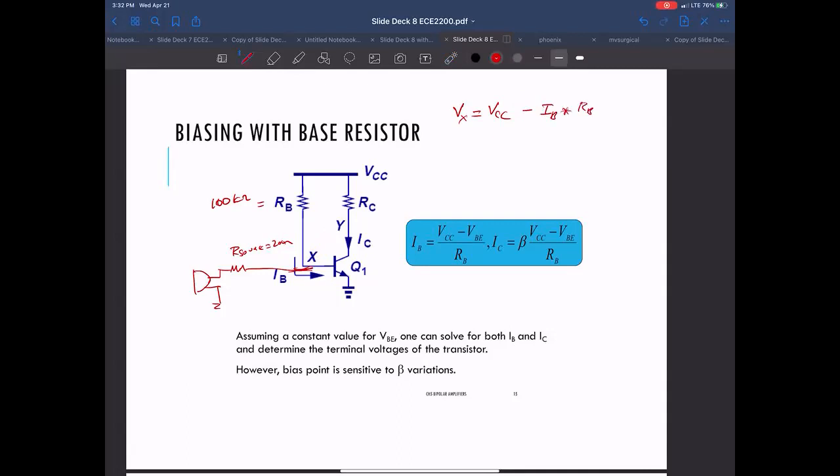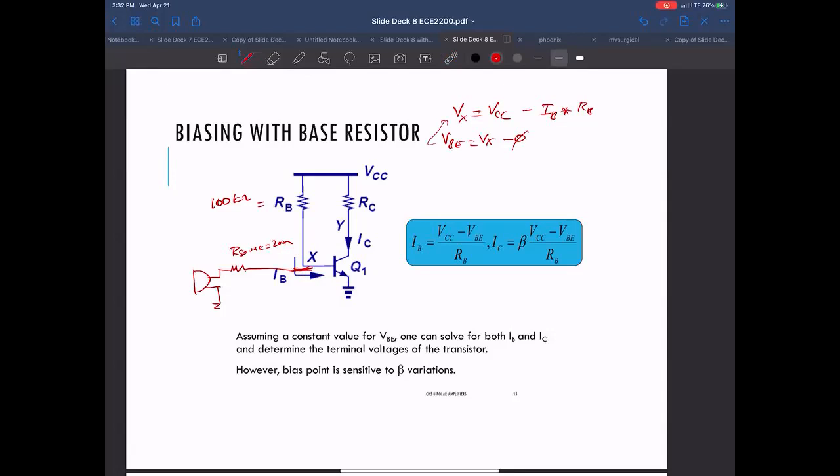And so Vx, notice in this case, Vx is the voltage of the base. The emitter is at 0. So VBE is Vx minus 0. So I can plug in VBE here. VBE is VCC minus IB RB.